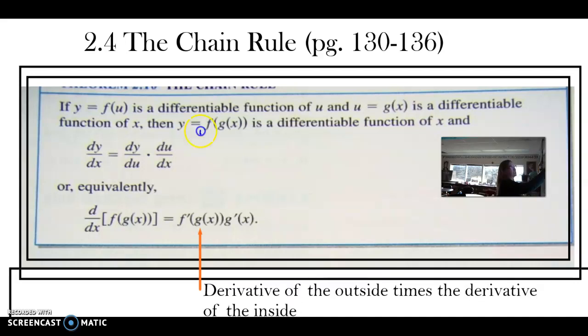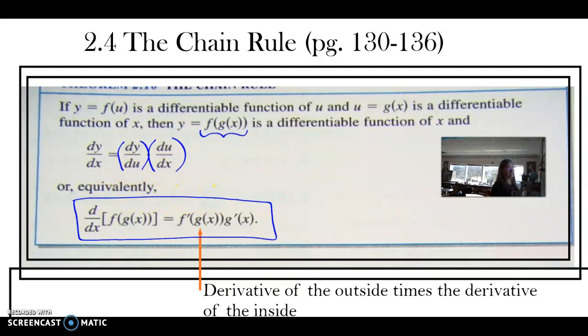If you have a function y that is a composition of f of g of x, that means g of x is a function inserted into f of x, you find the derivative by finding the derivative of the outside and multiply it by the derivative of the inside. So this is one way to write that. This is another way to write it.